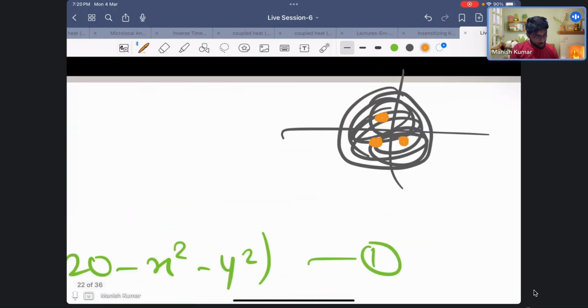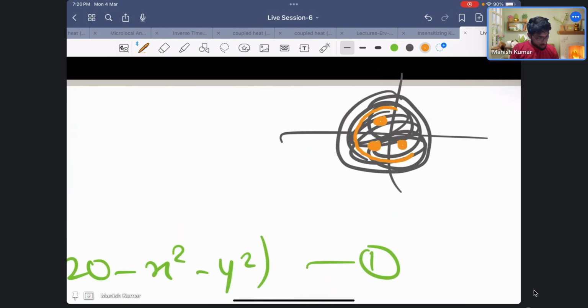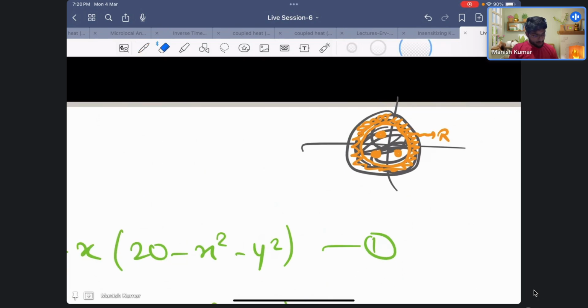In that case, you can consider any bigger circle over here, and then consider this region, but here you have to guarantee that the solution remains in this region, so the solution should be bounded. Let's suppose this is your new R, but you have to make sure the solution remains inside this R. In this bounded region only the solution should stay. If you can make sure of that, then everything's fine.